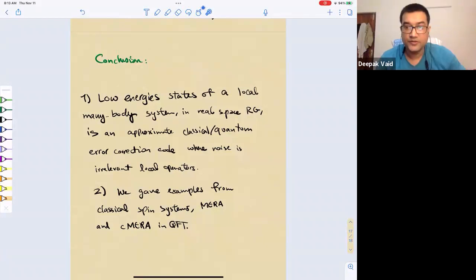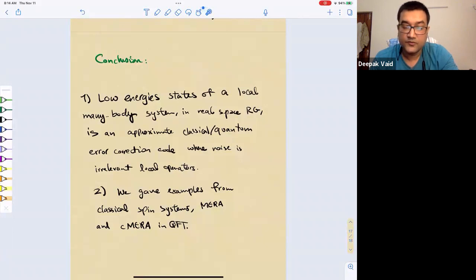This is not so much a question as an observation, a comment. Vladimir Korepin, back in 2002, showed that if you consider systems in thermal equilibrium, and he used the example of various kinds of spin chains to illustrate this, in thermal equilibrium the state satisfies the error correction criterion.